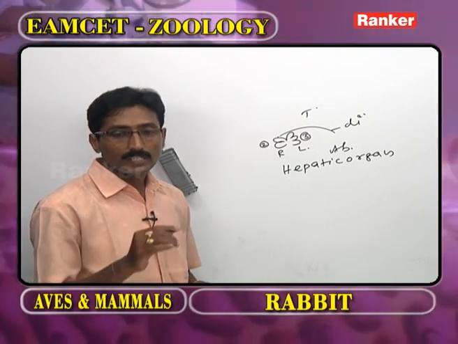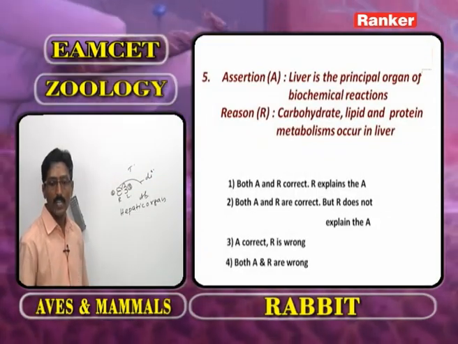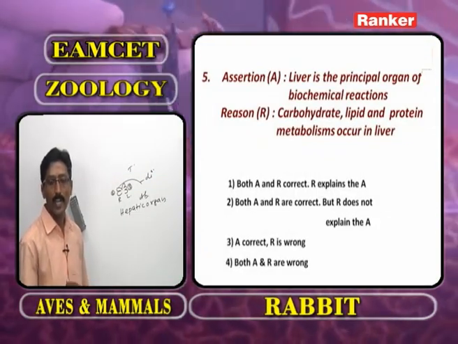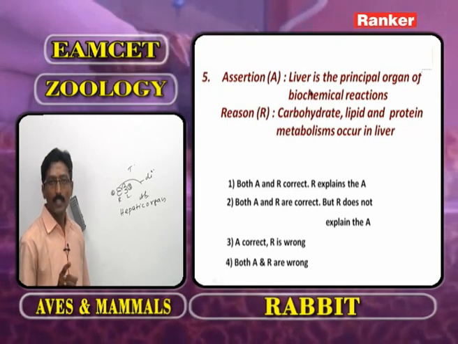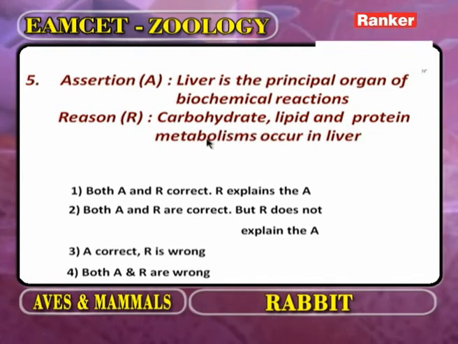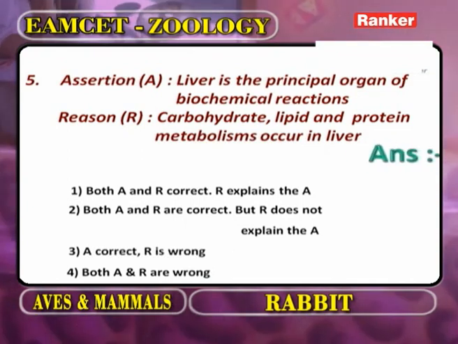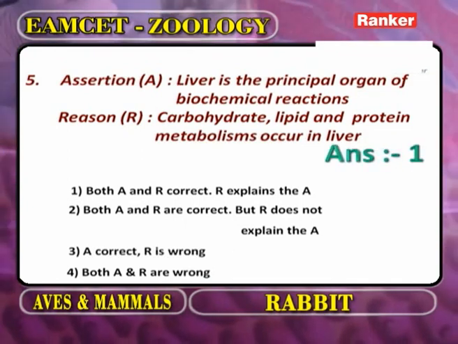Based on this, the assertion: liver is the principal organ of biochemical reactions. Reason: carbohydrates, lipids and protein metabolism takes place in the liver. So both are correct. R explains A. Now we go for the next question.